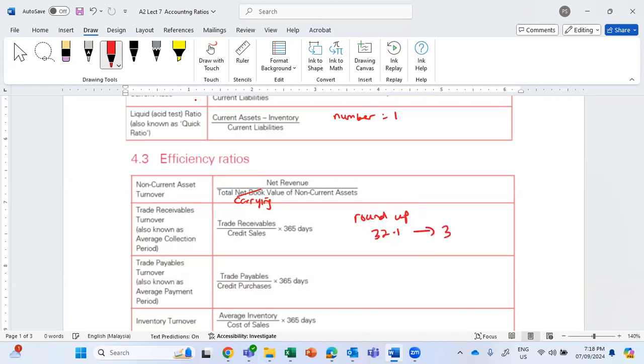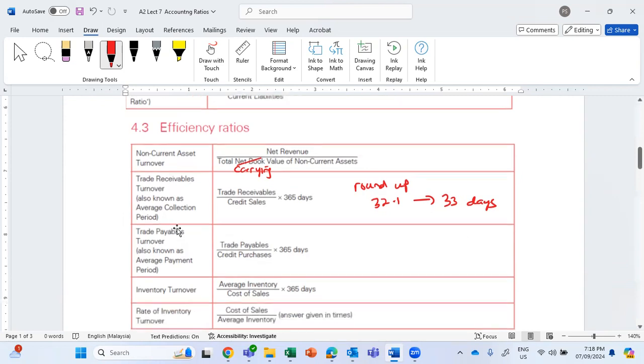So this is rounded up to 33 days. Okay. So we are being prudent here. Okay. So likewise, trade payables days. So trade payable over credit purchase times 365.